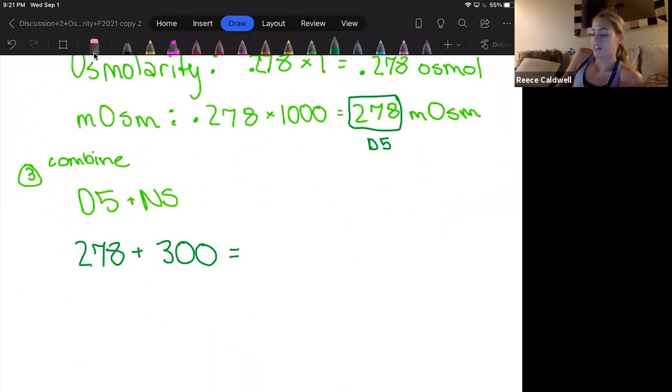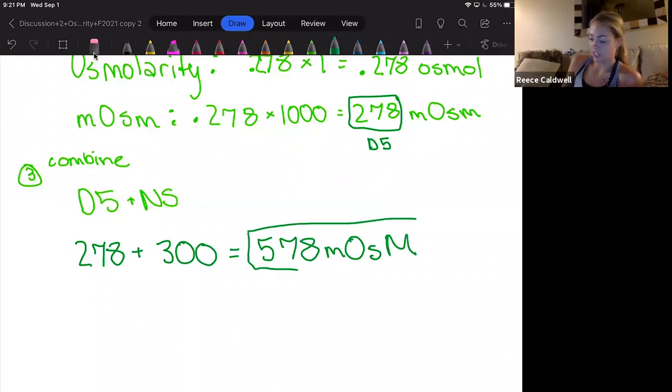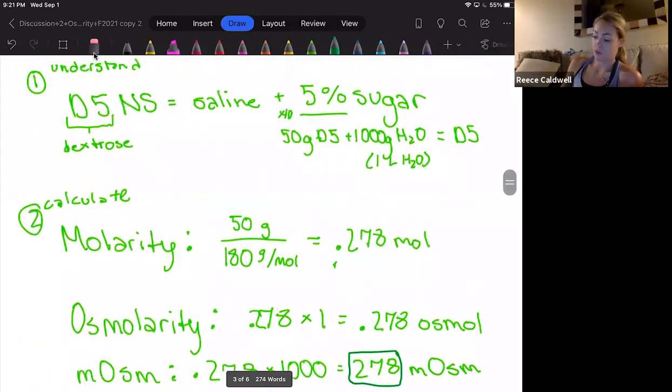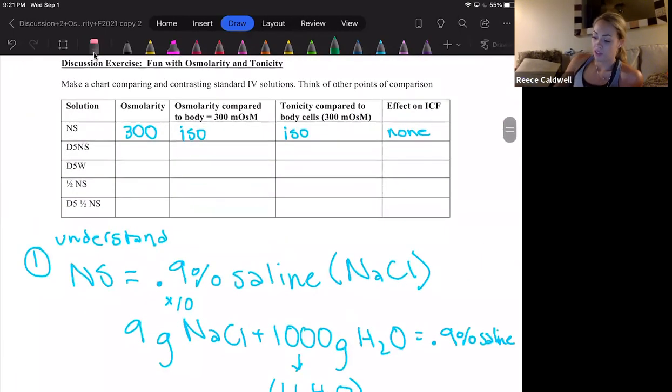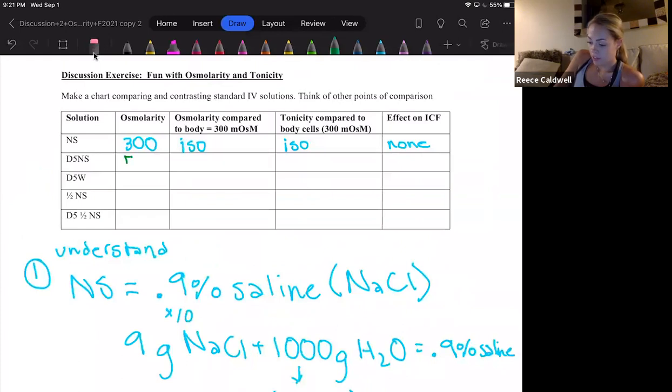And what we will get is 578 milliosmoles for our D5 normal saline. So that is our D5 normal saline osmolarity. So now we will plug this into our chart because that's what we're asked for. So here we will put 578 milliosmoles.